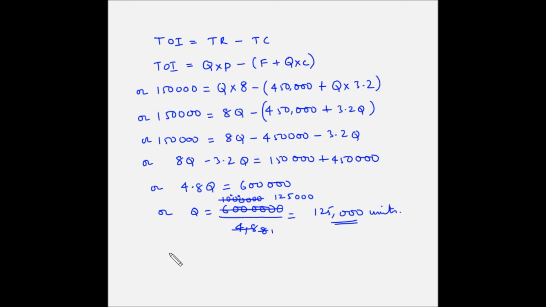So now basically we have to find out the revenue. So revenue is equal to number of units sold multiplied by the unit selling price.